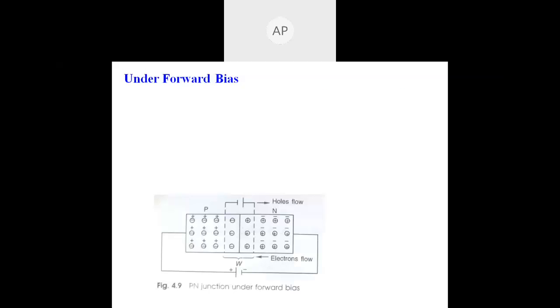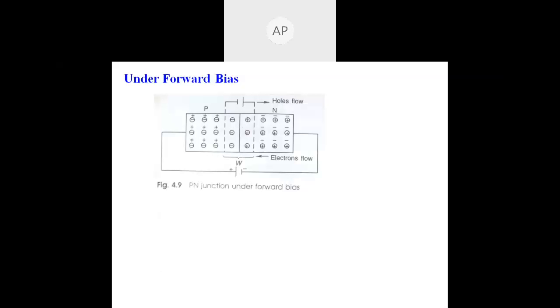So we will continue with the discussion of the diode in forward bias. When the positive terminal of an external battery is connected to the P side and the negative terminal of the battery is connected to the N side, that combination is called forward bias.